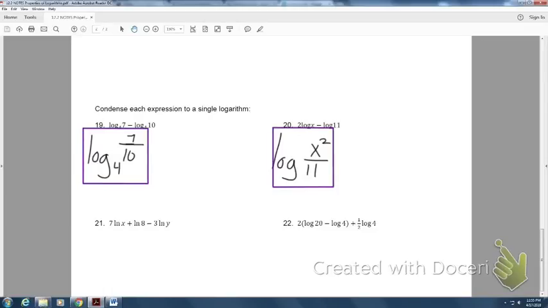Here's the answer to 21. Natural log of 8x to the 7th over y cubed.